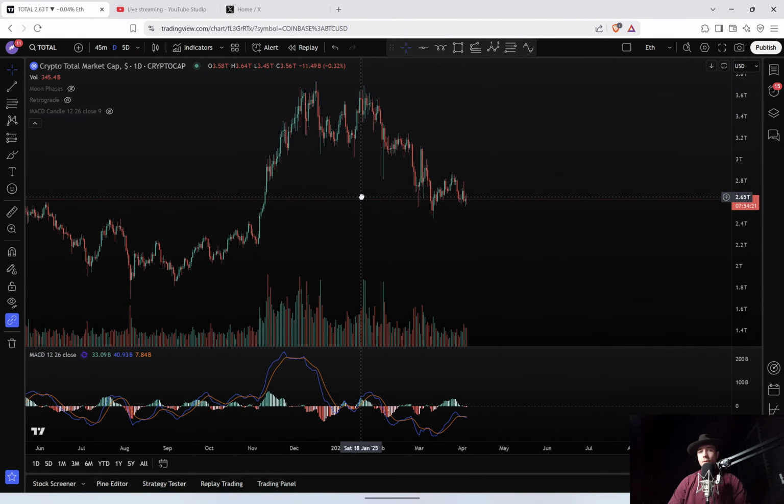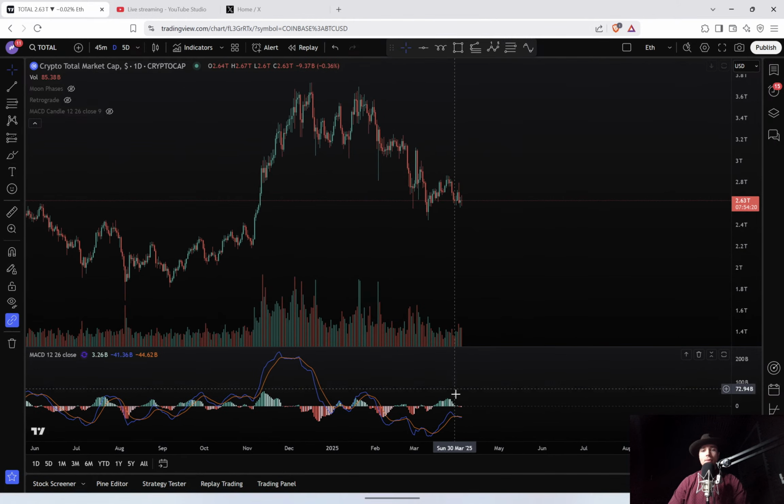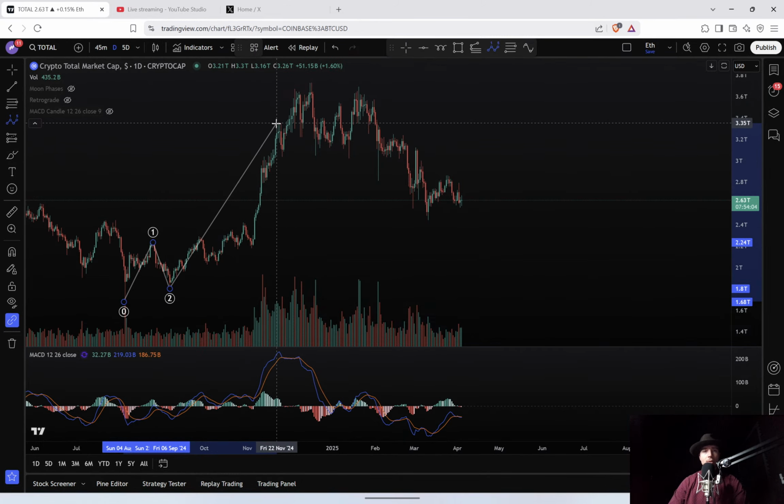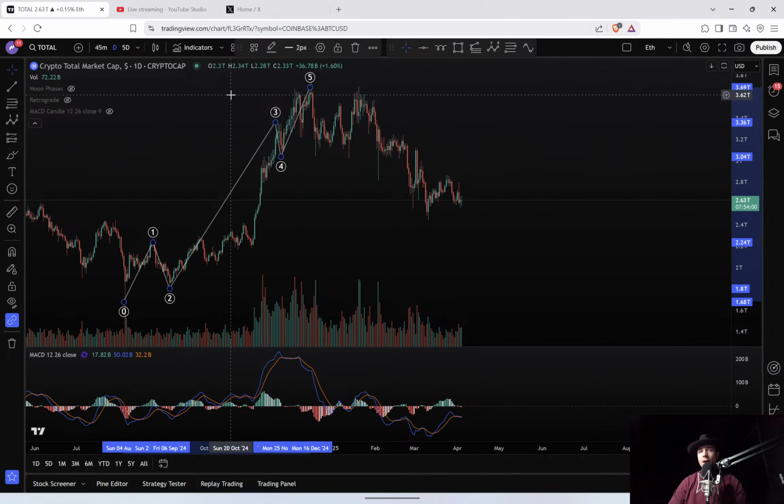So yeah, with the total crypto market cap, I do like how oversold we are. We also see a very classic Elliott wave structure here with the total crypto market cap. So the way Elliott waves work is that you have a wave 1 impulse, then wave 2, wave 3, wave 4, and then wave 5.